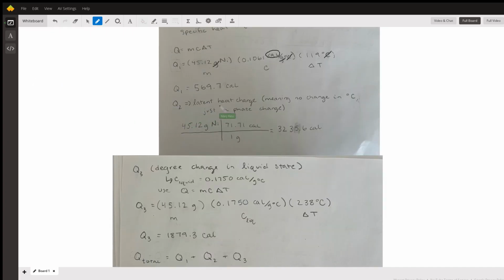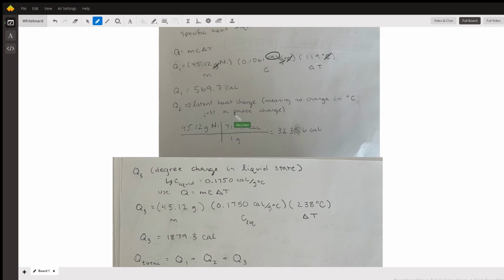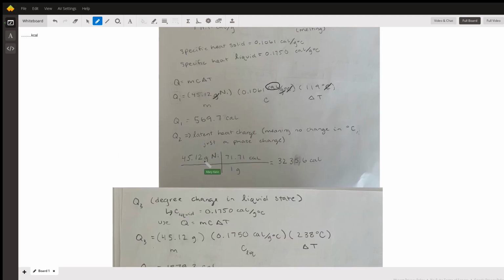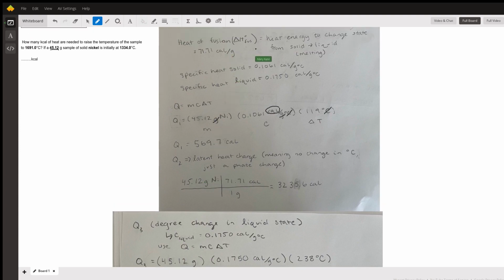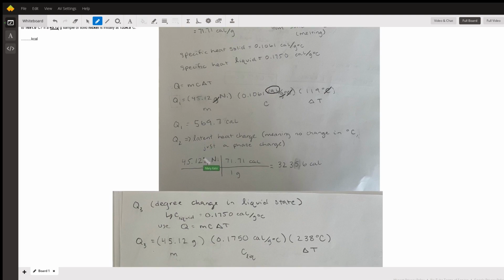For Q2, that's going to be our latent heat change, meaning that there's no change in temperature and it's just a phase change from solid to liquid. Because there's no change in temperature, we only have to care about our mass and then this heat of fusion, which we're going to use as our conversion factor. So we'll have 45.12 grams of nickel times that conversion factor of heat of fusion of 71.71 calories per grams.